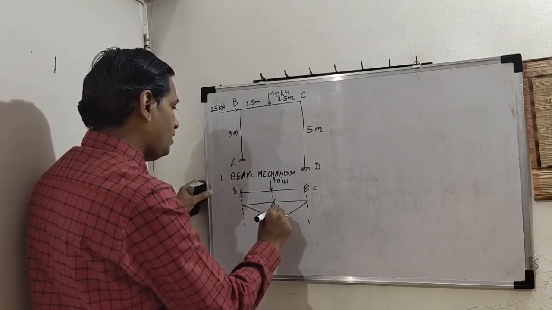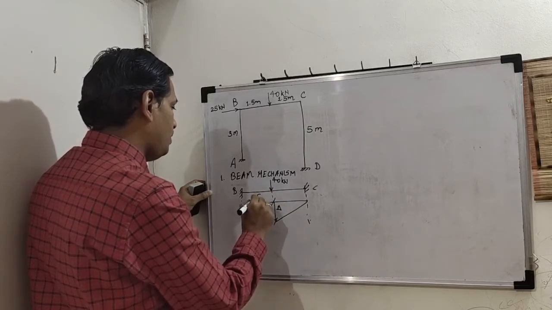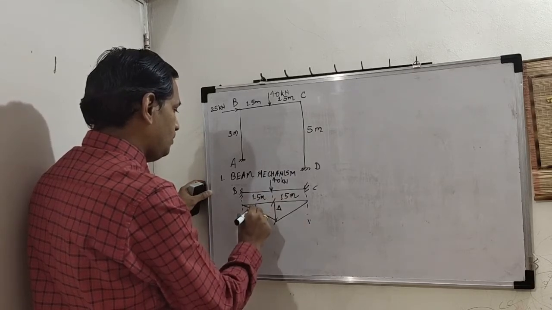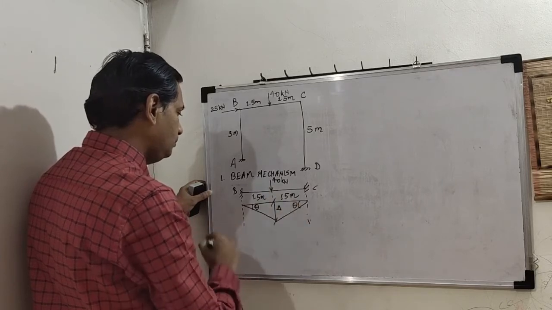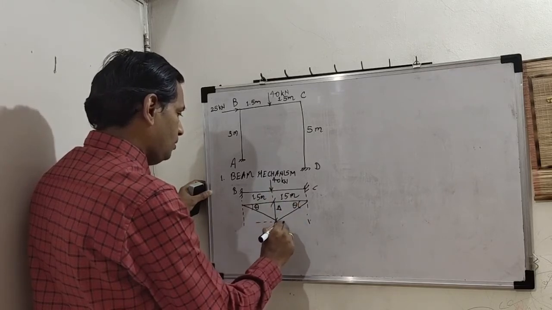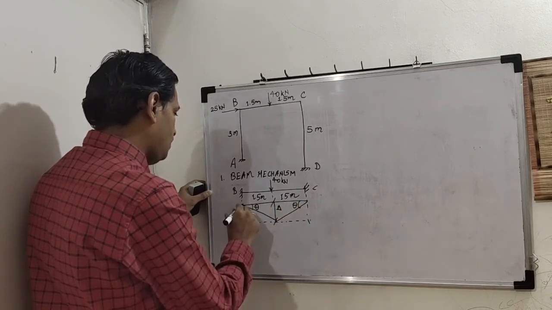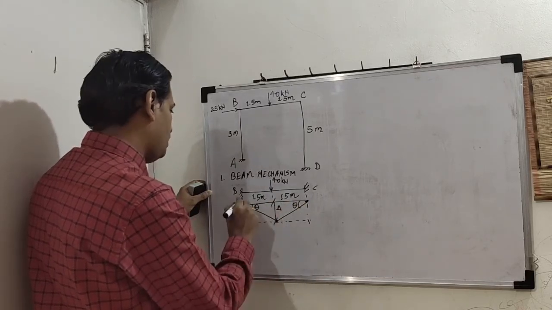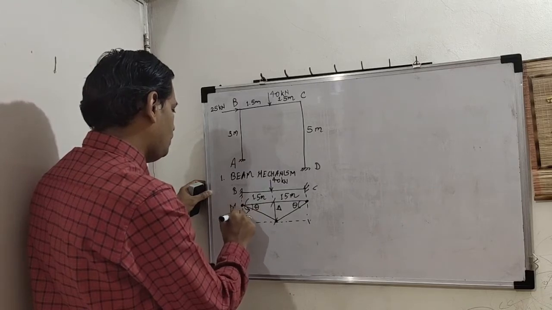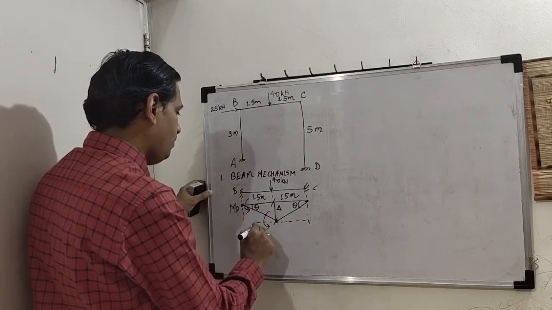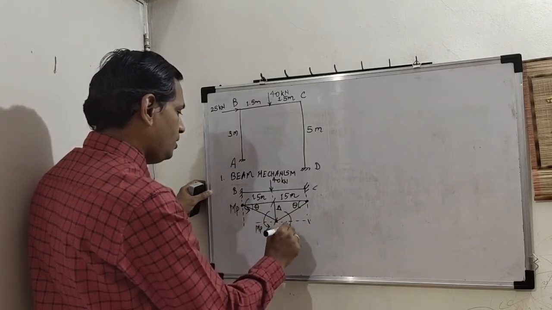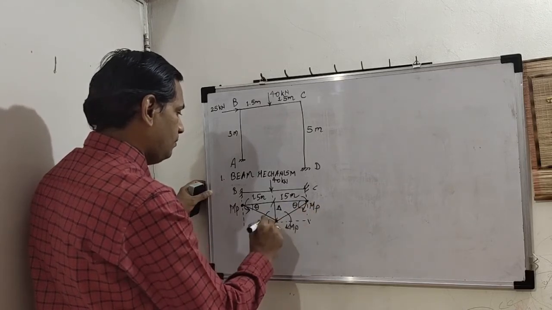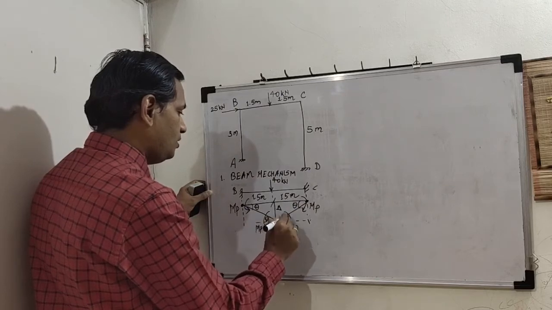So this is delta, this is 1.5 meter, this is also 1.5. So this is theta. Okay. So plastic hinge is one here, second here, third here. That's it. At all locations we have the same value of MP. There is nothing different. Theta is also the same. Here is one theta, here is another theta.